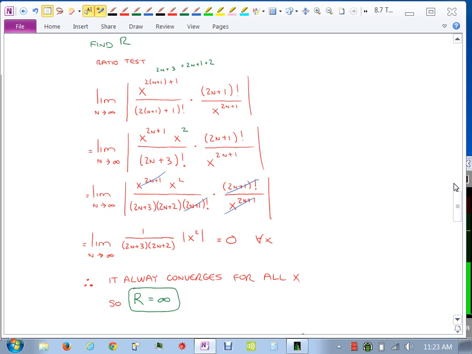And so it converges for all x. It's less than 1, right, for all x. So it always converges, which means the radius of convergence is infinity. That means I can use this power series to approximate the sine function always. It's for any x. Okay? For any x, I can use this.